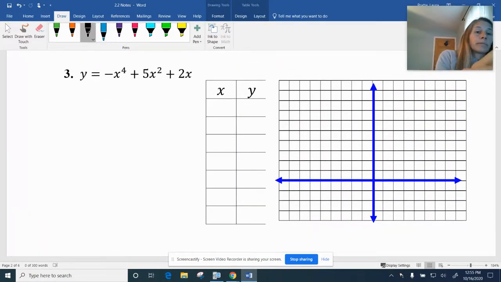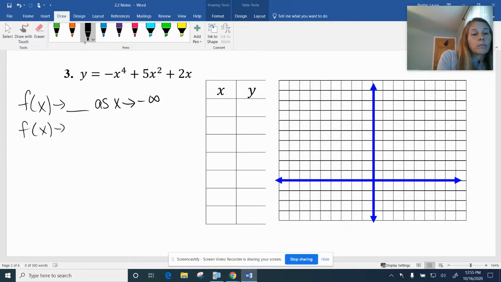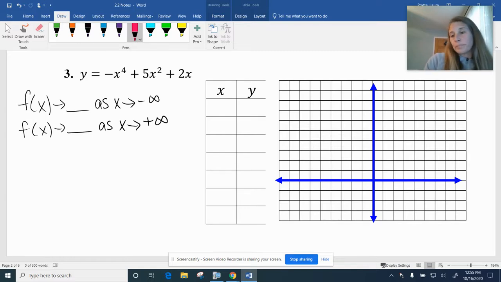Okay, number 3. Start out with that end behavior. Okay, so we know that the right side is when x is approaching positive infinity.